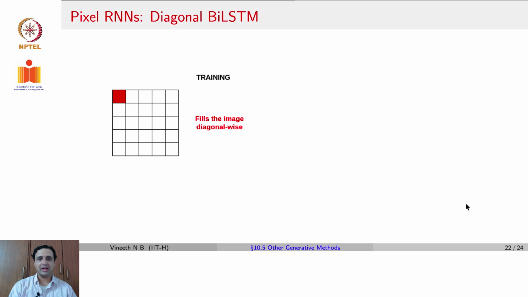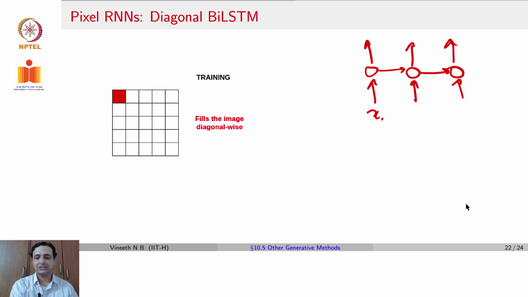A bidirectional RNN is an RNN where, if you had your traditional RNN to be this way, let's assume 3 time steps, and you had your inputs x0, x1, x2, and y0, y1, y2 are the outputs. We know from a standard vanilla RNN that x0 influences y0, x0 and x1 influence y1, x0, x1 and x2 influence y2.